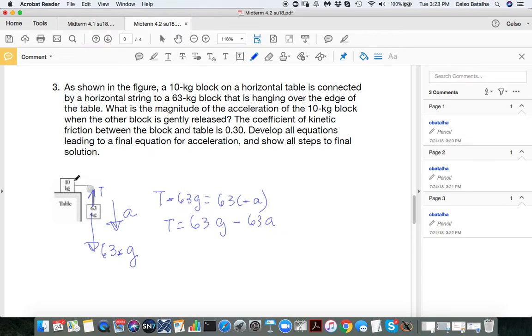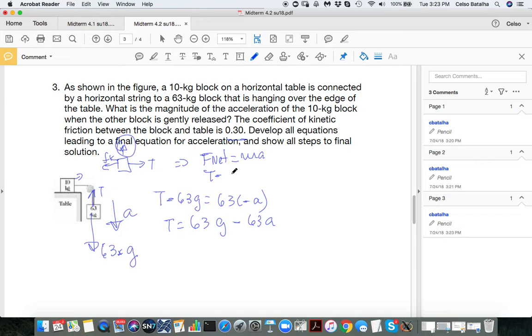When you look over this block over here, there is friction. So for the 10 kilogram block, you have kinetic friction. So in X, I still have a couple of students putting in the equation the normal force for F net equal ma. Putting normal force in X, you can't, right?